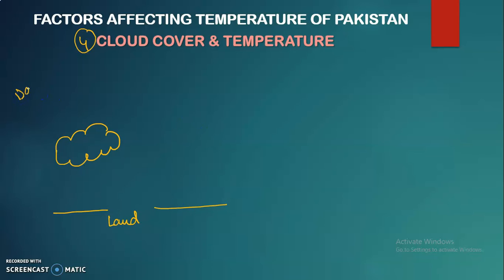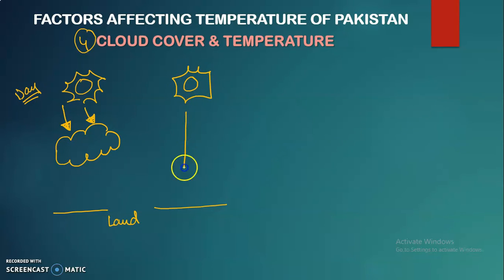So if you have daytime and there is the presence of sun and the rays are coming directly towards the land surface, in both examples we need to see that the rays are coming directly towards the land surface.